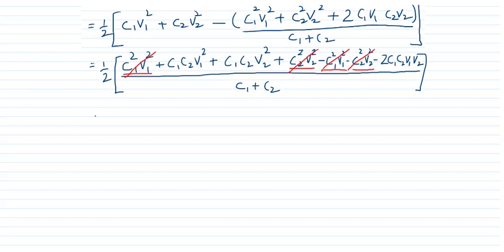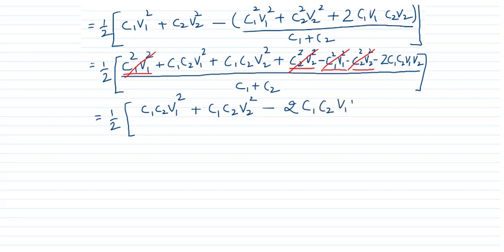And what is left, I will write down here 1 by 2 C1 C2 V1 square plus C1 C2 V2 square minus 2 C1 C2 V1 V2 divided by C1 plus C2.